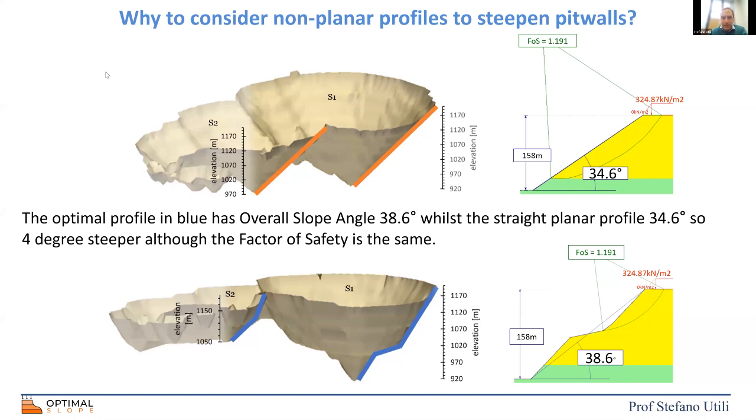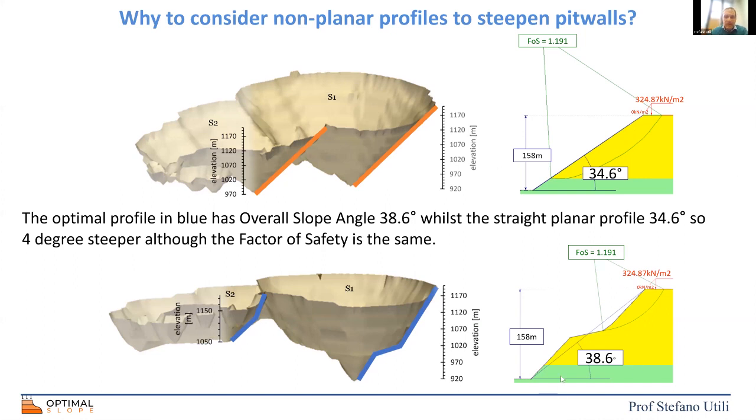Here we have a mine in a simple stratigraphy, a uniform layer, and what you can see here is a shell of the mine, calculated according to Whittle, which is a strategic mine planning tool. We can see that the factor of safety of this slope is 1.191, calculated using the limit equilibrium method, Rocscience Slide2.